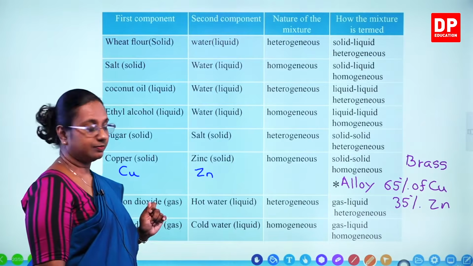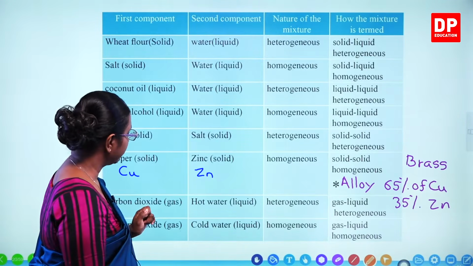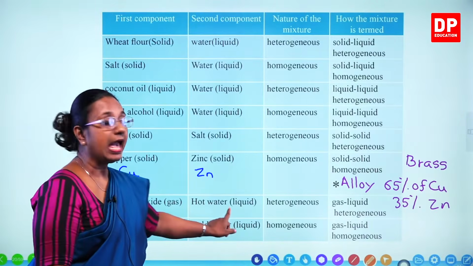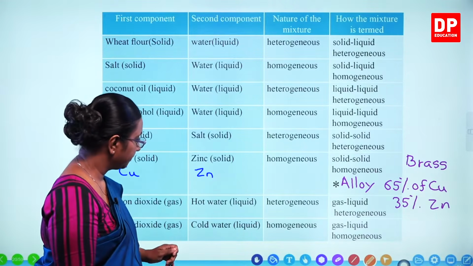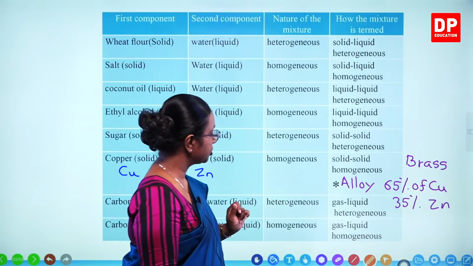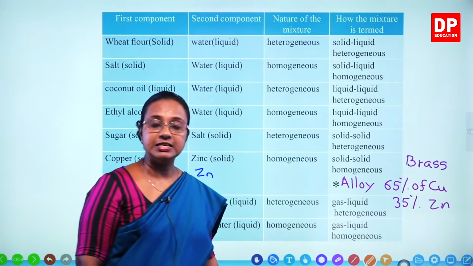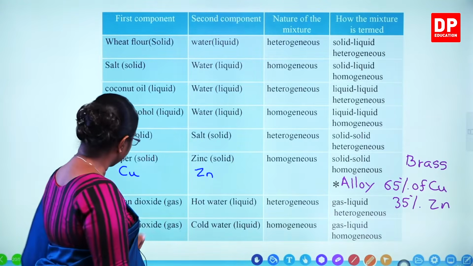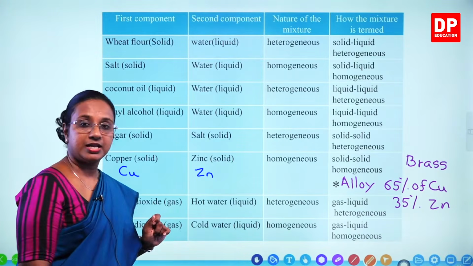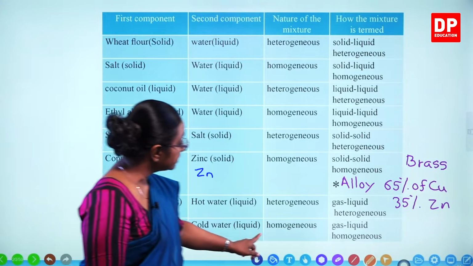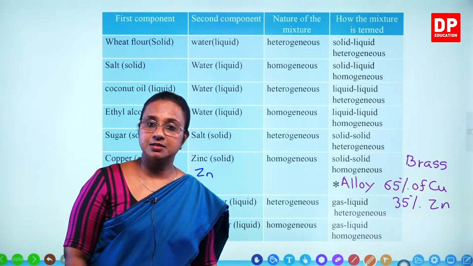The next one, carbon dioxide gas, hot water. So it's a gas and water is a liquid. Here you have a heterogeneous mixture. Gas, liquid, heterogeneous mixture. Whereas carbon dioxide gas, cold water, again liquid, is a homogeneous mixture.